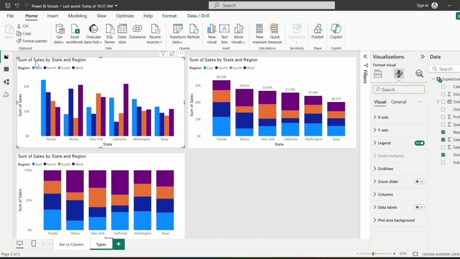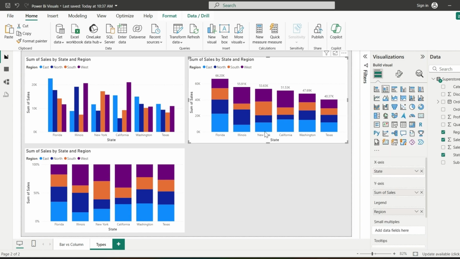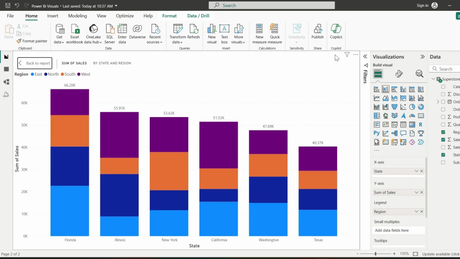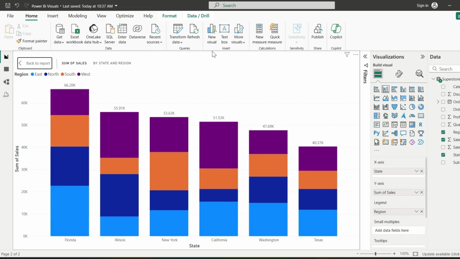Now going to the stacked column chart. This is our stacked column chart. Even here the x-axis is state and the legend is region. Now suppose the business asks what is the total sales of each state and how is it composed by region. So now we switch to the stacked column. What changes? Now the total height represents total state sales and the colors inside show the contribution from each region.